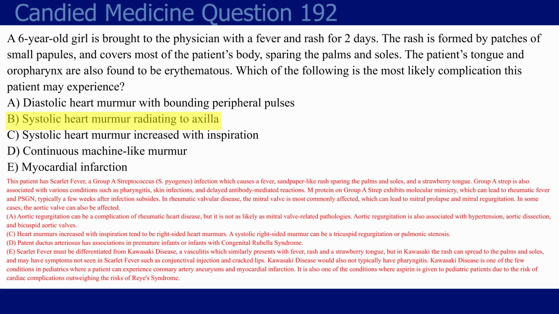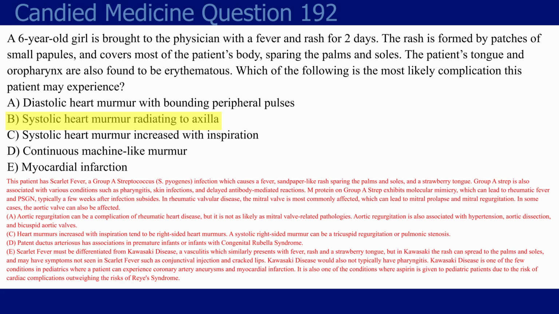Usually in Kawasaki disease, the fever lasts longer. It's a prolonged fever. In Kawasaki disease, the rash can spread to the palms and soles. And the rash in Kawasaki disease is often more polymorphic. It looks a little bit less consistent through the body. Kawasaki disease would also have stuff like cracked lips and conjunctival injection. And in this question, I described something that sounds like a pharyngitis, which you wouldn't see in Kawasaki.